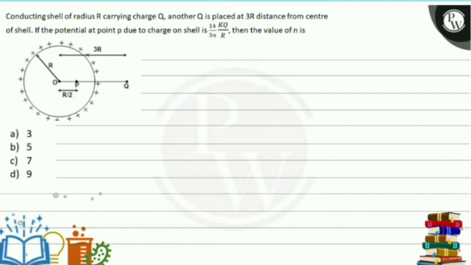So we are going to apply that very basic concept. From Gauss law we can declare that the potential at point O, which we denote by VO, is equal to the potential at point P. We are getting this from Gauss law.